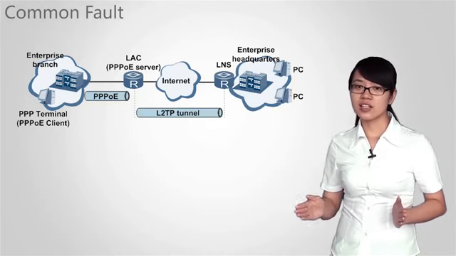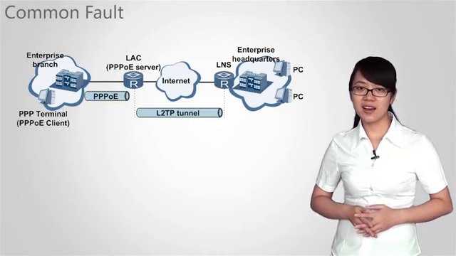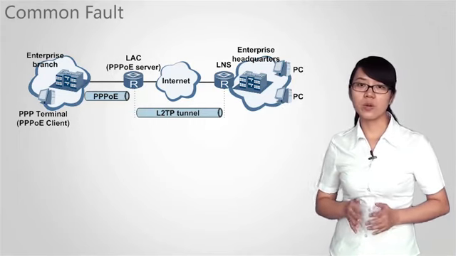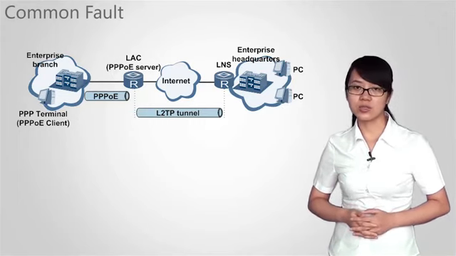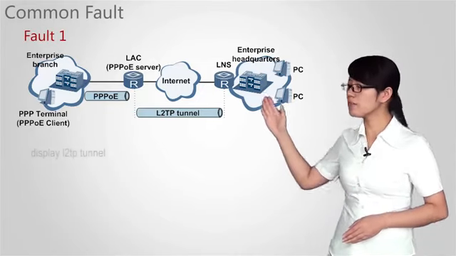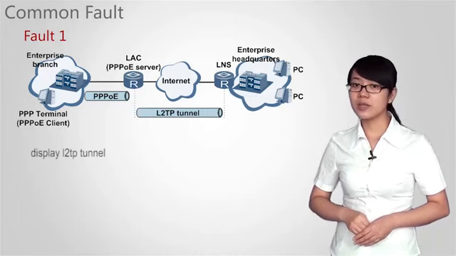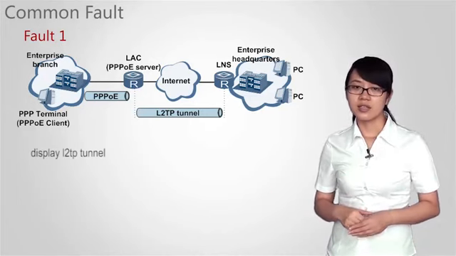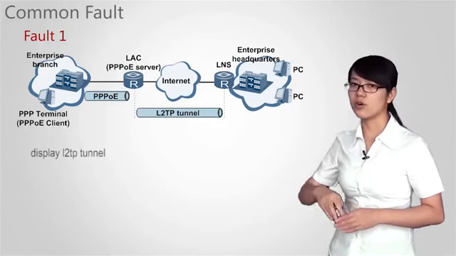The branch functions as a PPPoE client and the LAC as a PPPoE server to enable remote users to access the headquarters. Fault 1: run this command to check the L2TP tunnel status. The tunnel has not been established. The possible causes are as follows.